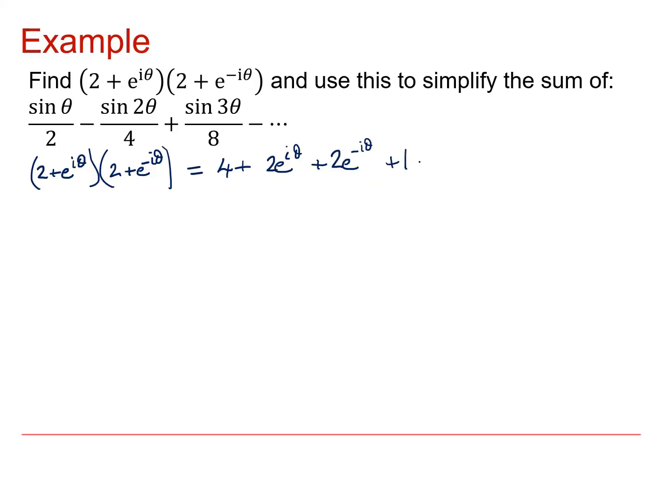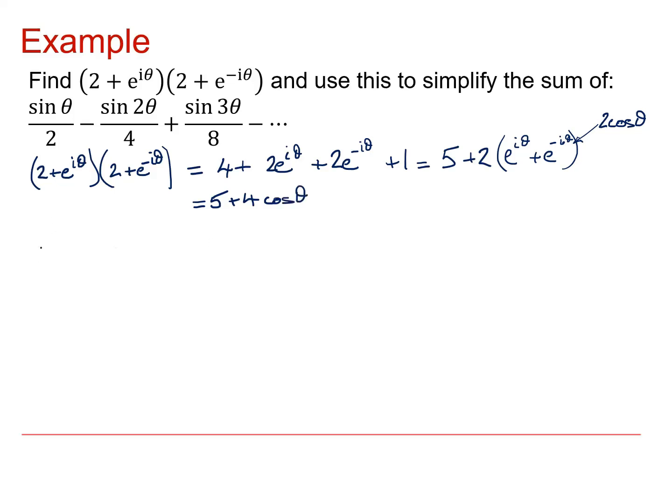And if I just tidy that a little bit, I'm going to get that that's 5 plus 2 lots of e to the i theta plus e to the minus i theta. Now, in a previous video we've seen that this is just 2 cos theta, and so I can straight away rewrite this as 5 plus 4 cos theta.